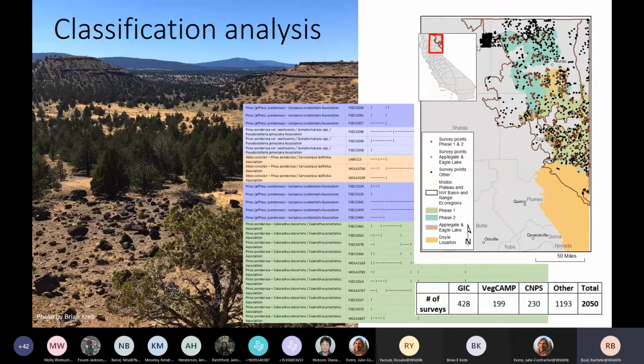That's this big dark area up here with all those points. And then also some VegCamp surveys from past projects. So in total, there were over 2,000 surveys included in this data analysis.